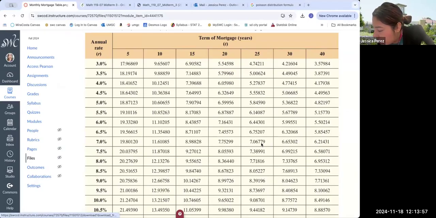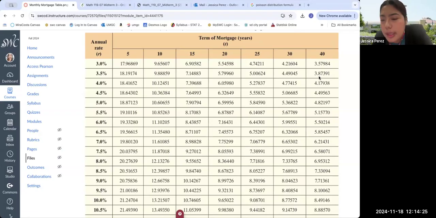So it looks like it's 7.06779. So your monthly mortgage is that times 175,000, which is 175. So if I'm finding the value of my monthly mortgage payment, it's 175 times 7.06, which gives 1,236.86.